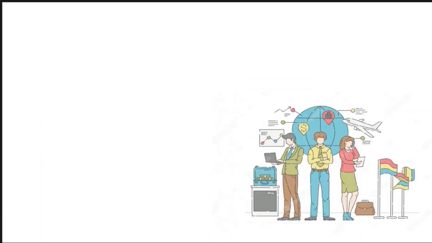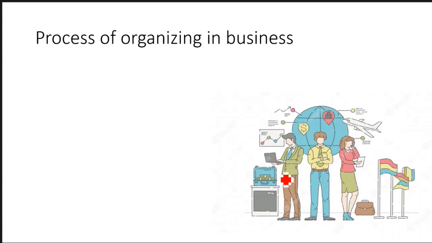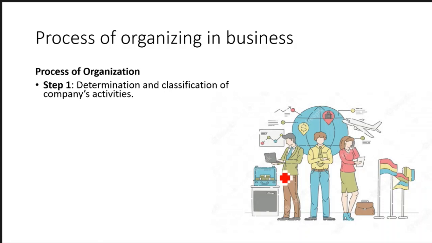So, what is the process in organizing a business? First, the business has to determine and classify the company's activities. For example, a restaurant needs to determine what menu or what kind of food they are going to sell, and what activities they are going to do.